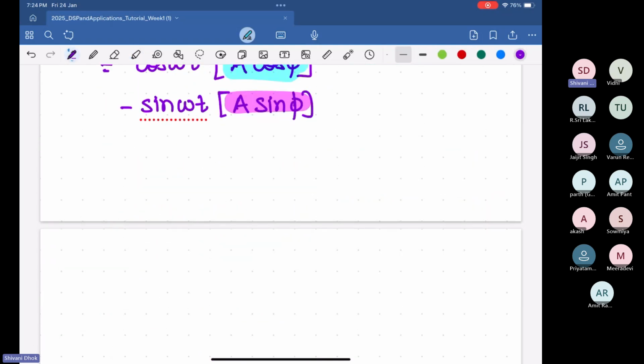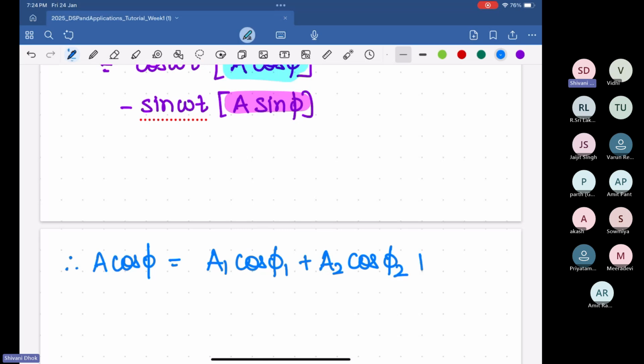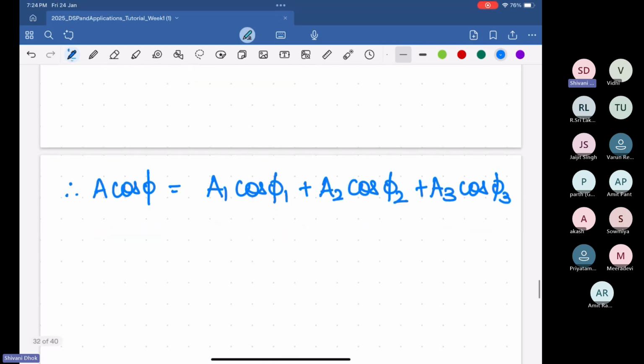So we have A cos phi is equal to A1 cos phi 1 plus A2 cos phi 2 plus A3 cos phi 3. Now to write it in a concise way, we can write it as summation i equal to 1 to 3 Ai cos phi i.